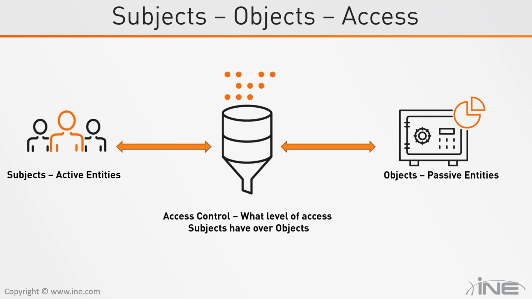There must be a way to control how the subjects and objects interact with each other, because we want to avoid unauthorized access to resources or objects, because not everyone in the organization will be able to access the different resources, right? Therefore, we need to control how the subjects interact with the resources.